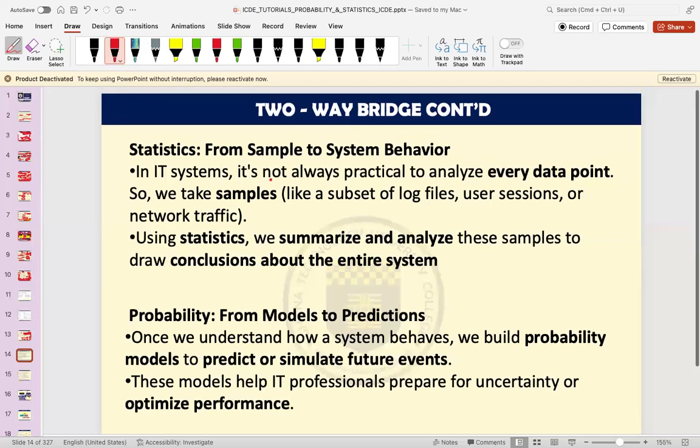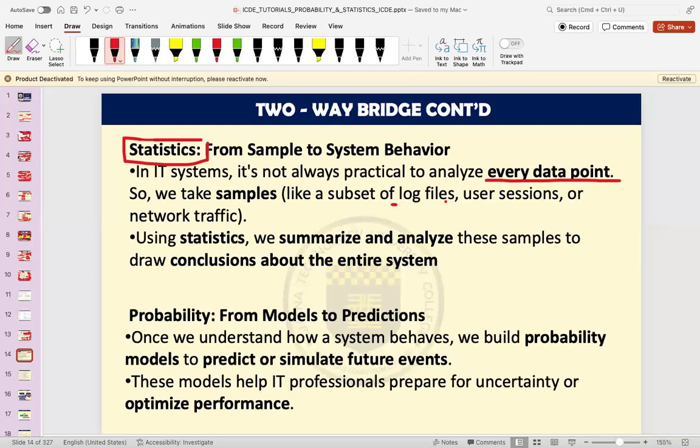Now, we say statistics helps us to understand IT systems in a practical way. So every data point in IT must be analyzed.